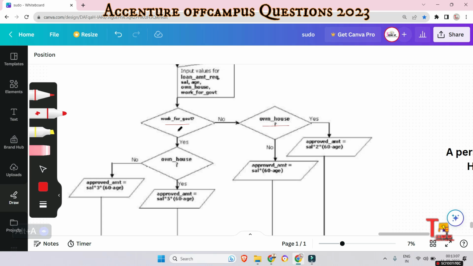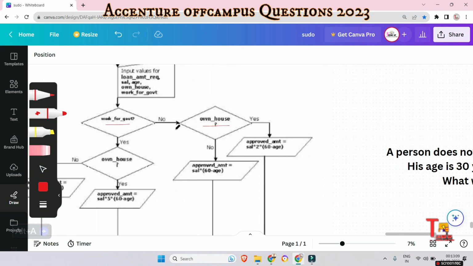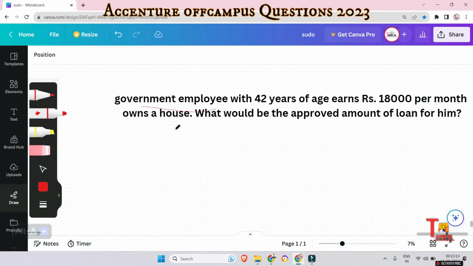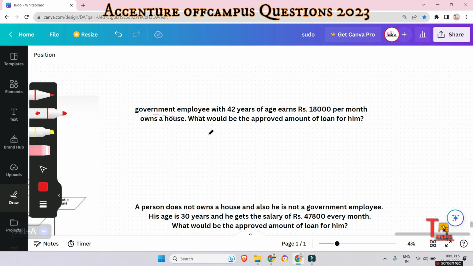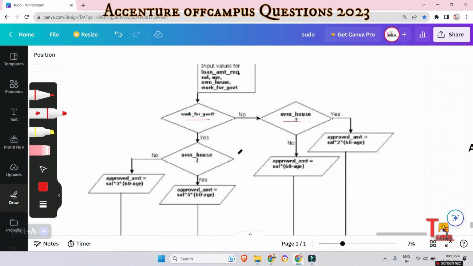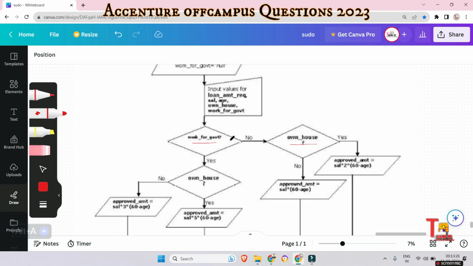These are the conditions, right? So we will mark them. We'll mark if they work for government and if they own house. So if he owns a house and is also a government employee, right? So work for government, yes, and own house, yes.